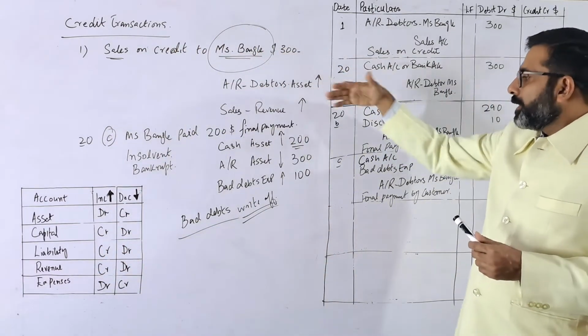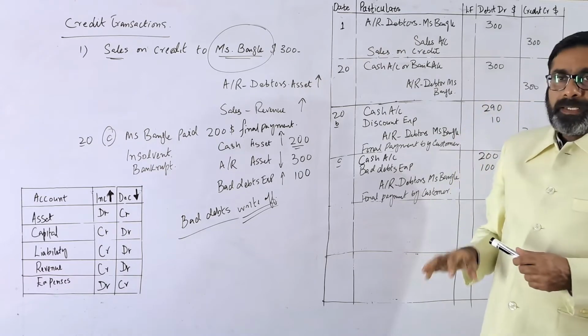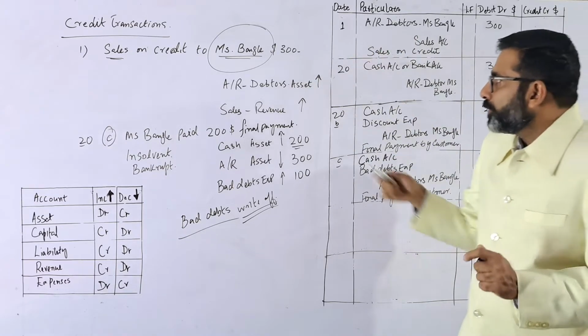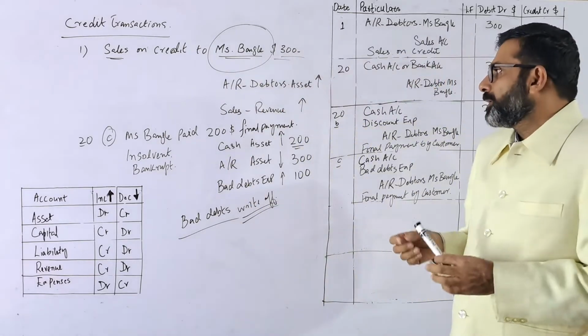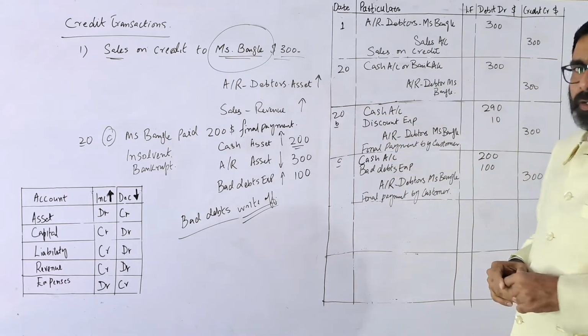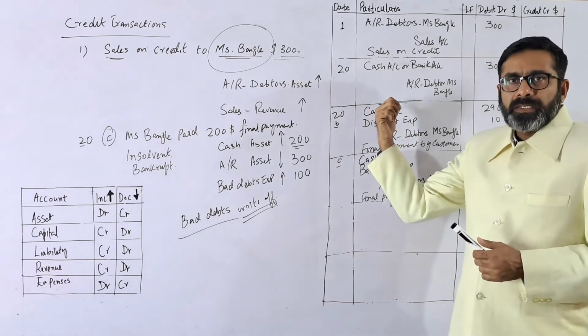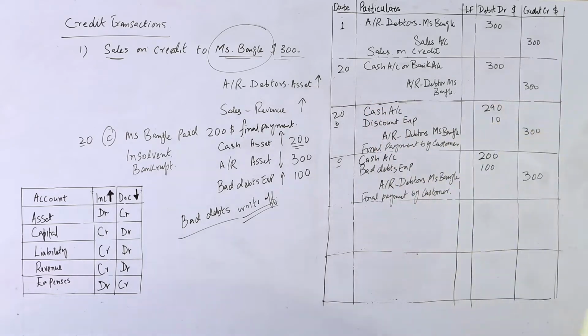So if you see here, we just go through the same transactions. There is a possibility that you have sold the goods on credit to West Bangers for $300, but there is a first possibility the person has given you the 100% amount, $300. So this one is basically the full payment the person has given you.